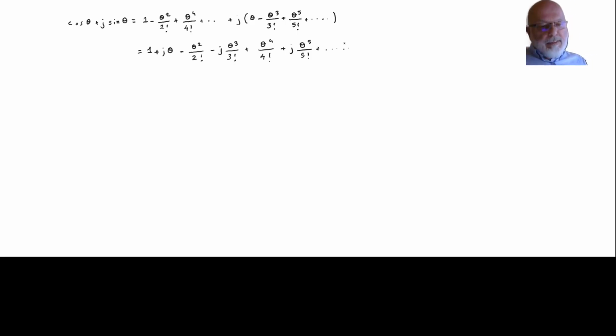Now it is clear that this term together with this minus sign can be written as j theta squared divided by 2 factorial, because j squared is equal to minus 1. And this term can be written as j theta to the power 3 divided by 3 factorial, because j cubed is minus j.